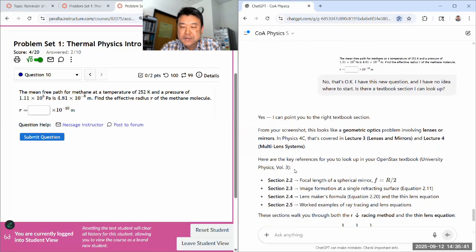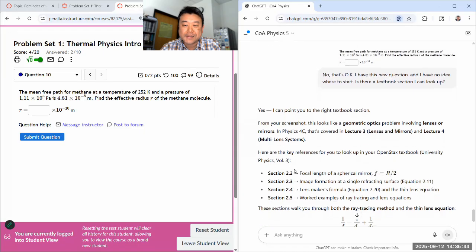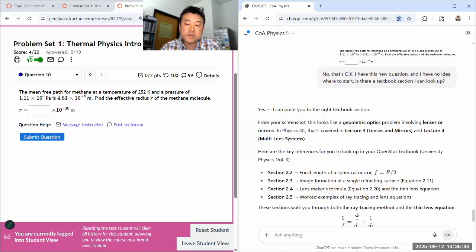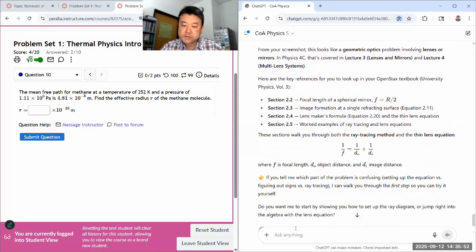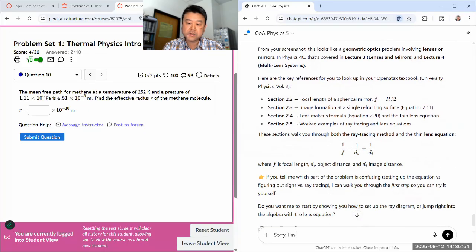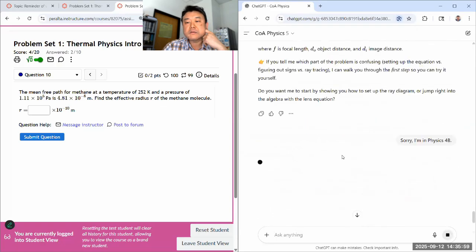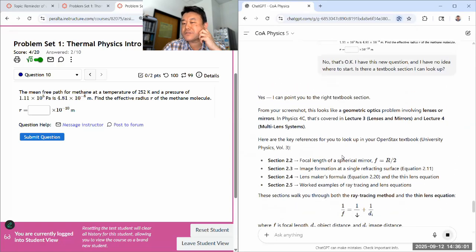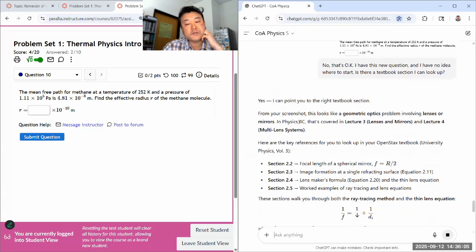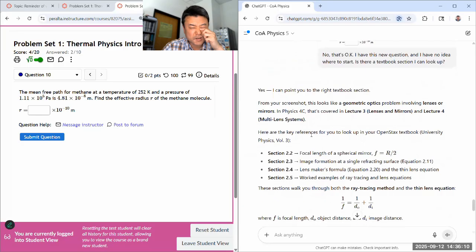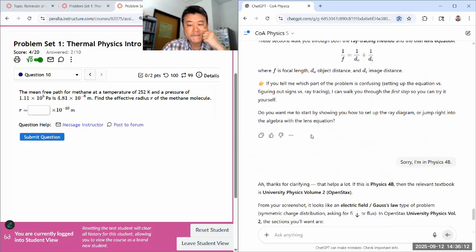Yeah, so this is a caveat warning that it can hallucinate. One, University Physics Volume 3. So let me actually try this. Sorry, I'm in Physics 4B. It might be that I need to just separate out Physics 4A, 4B, and 4C if there's no way I can prevent it from getting confused about different classes.